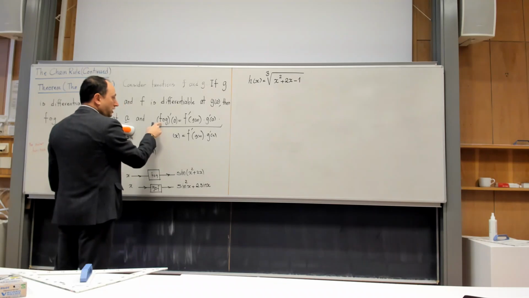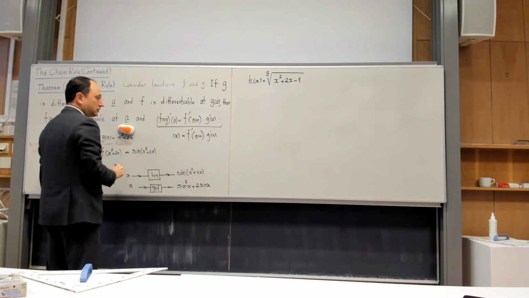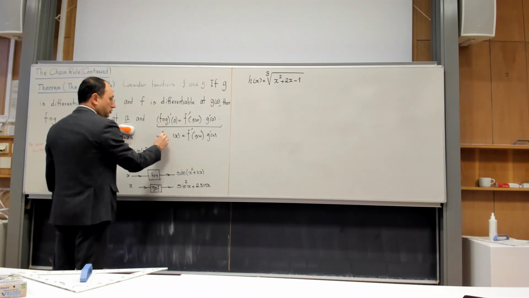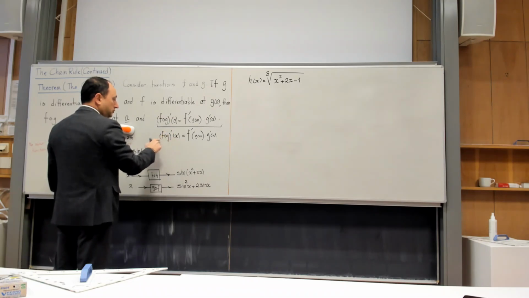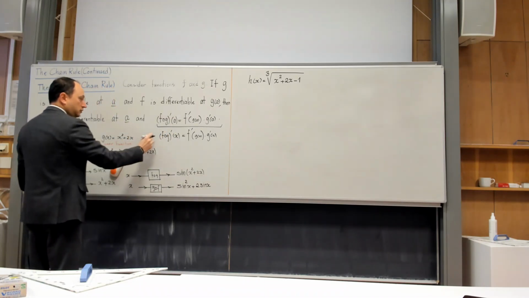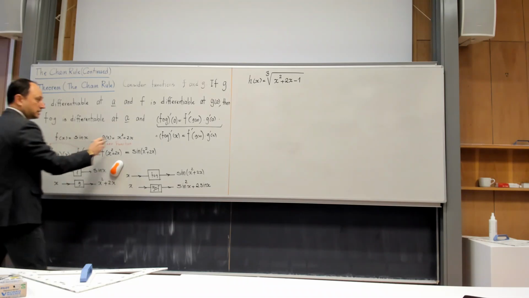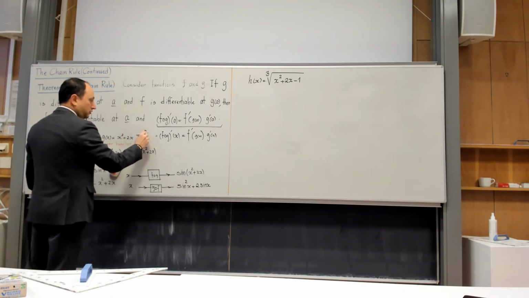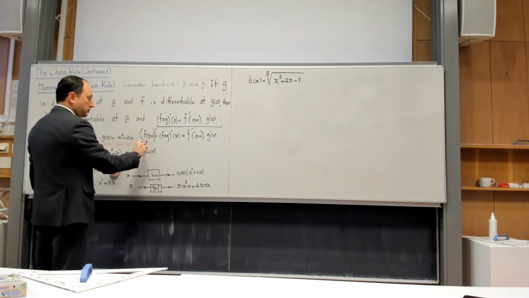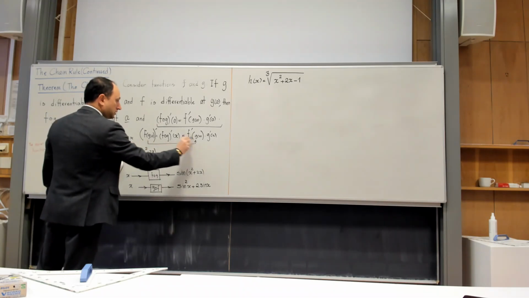And instead of writing f of g prime of x, what is the meaning of f of g? We just learned f of g means f of g of x. So this becomes f of g of x totally prime. Okay, so I would recommend you to learn the chain rule connecting these two.